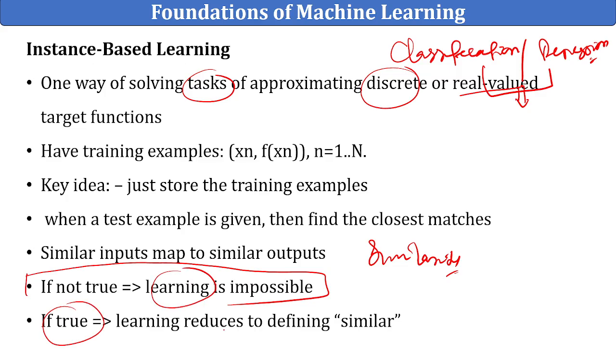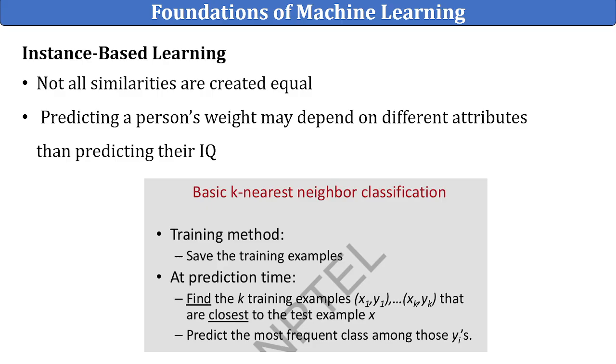If it is true, then learning is reduced to defining similarity. So the machine learning task is to mimic human activity, and in this case it also goes to instance-based learning. In this we have KNN, which is based on the neighboring distance.